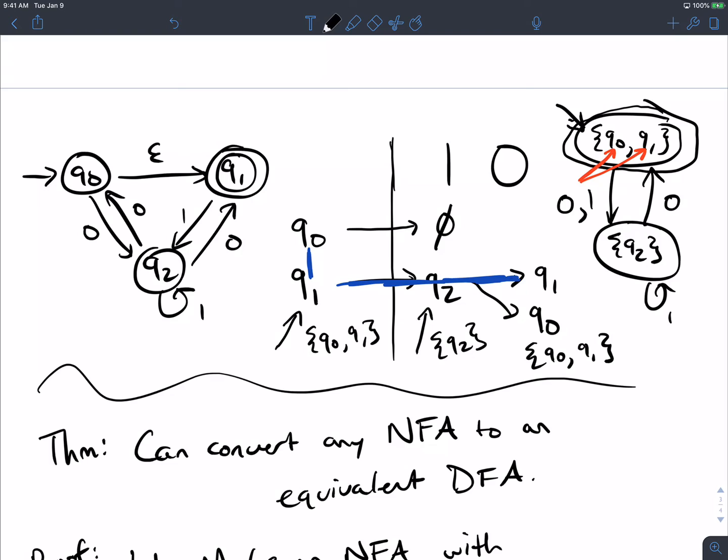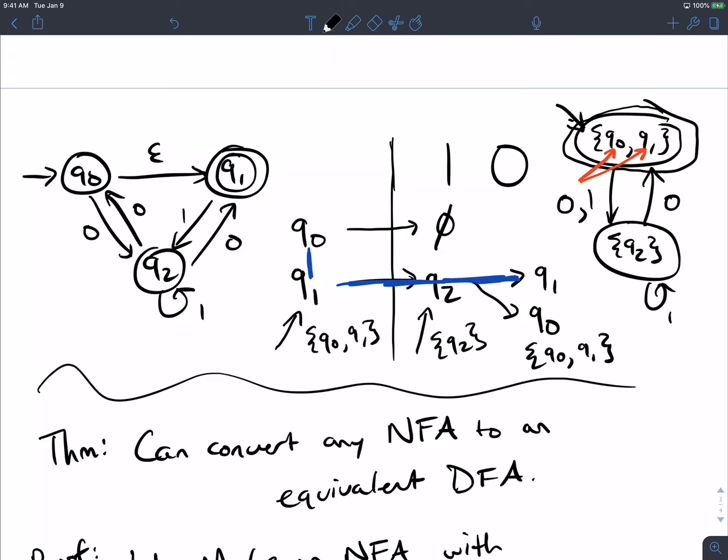Well, what state can I definitely reach from Q2 without doing anything? Yeah, Q2 only. Can I reach anywhere else? No. So what about, say, just from Q0 only? Where can I reach from epsilon transitions, or not doing anything at all? Q0 or Q1.